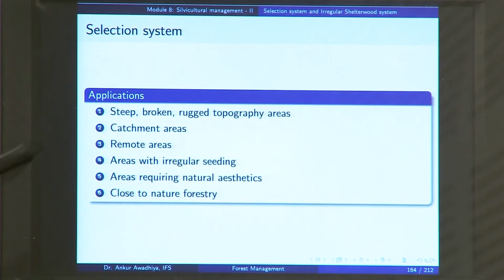Then the selection system is also used in areas with irregular seeding, because in the case of other systems you need to ensure regeneration. Now, if you have a forest that is not giving out seeds regularly, there is a big chance that if you harvest the logs, your forest will not regenerate.